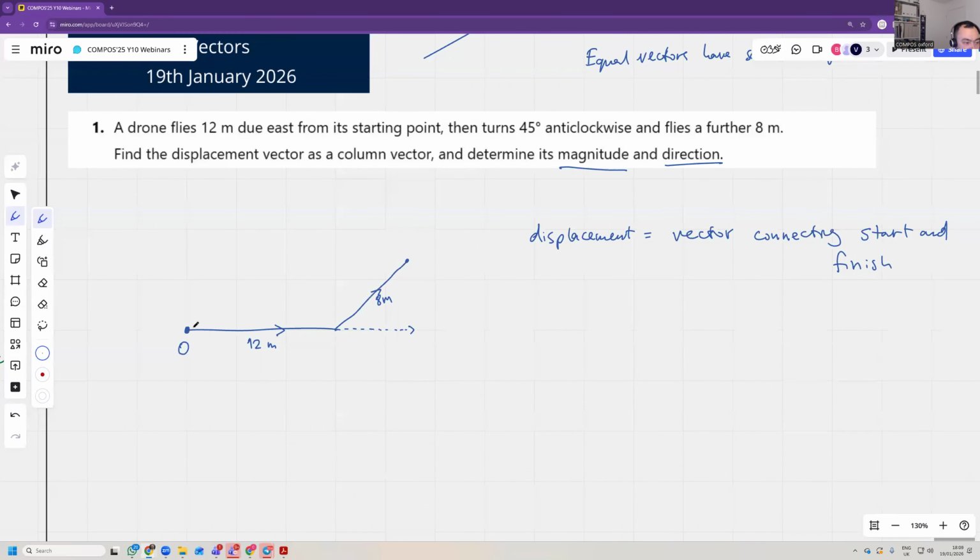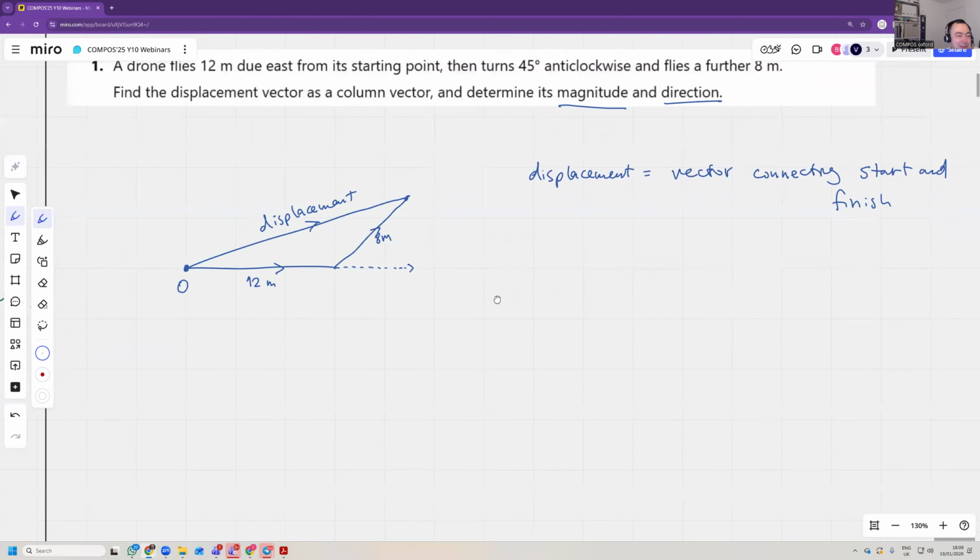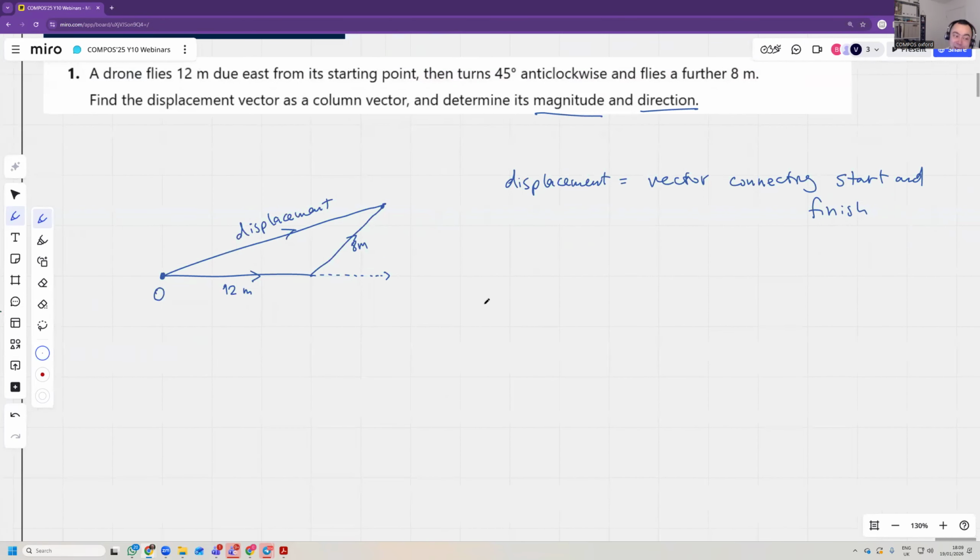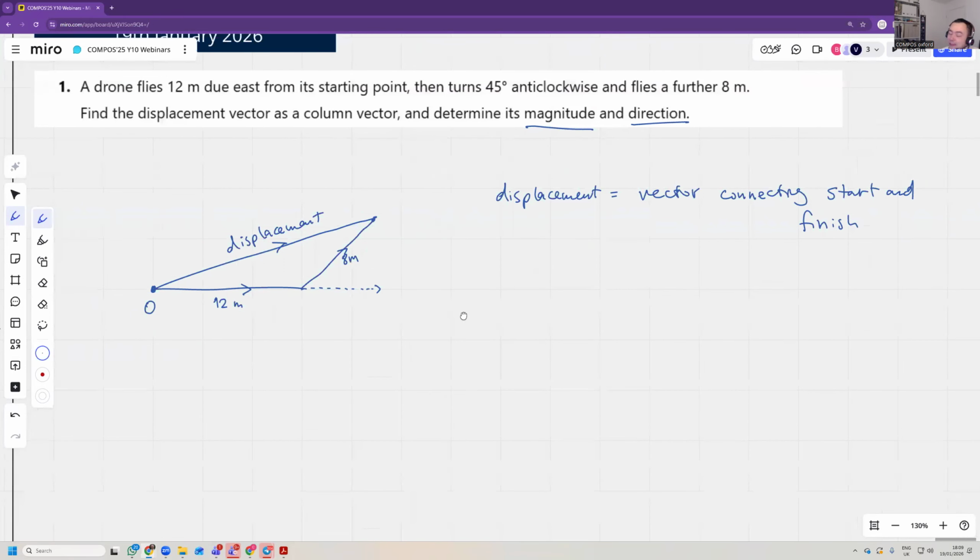Okay, so we need to find this vector, and this is the displacement. Displacement is the difference between the final and the original position. There are different ways we can do this. The easiest way would probably be to use trigonometry or the cosine rule.